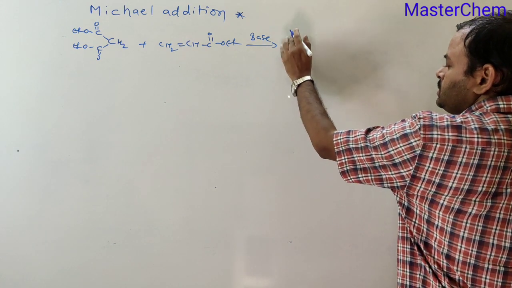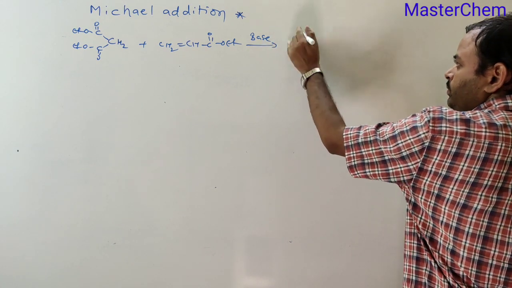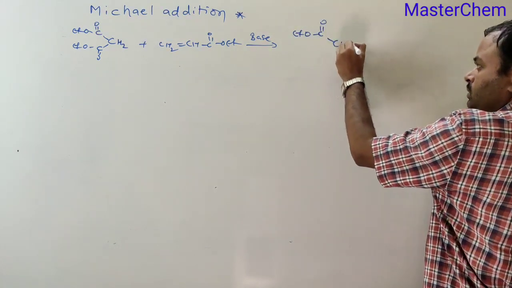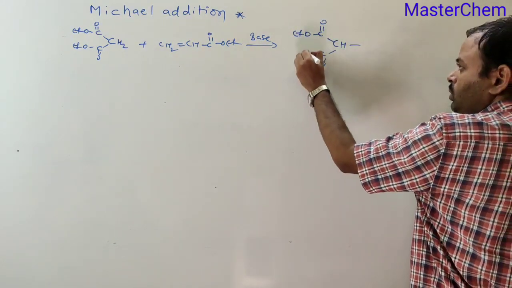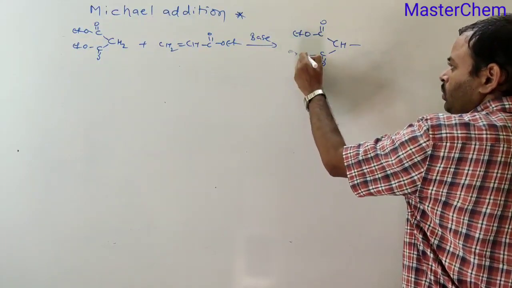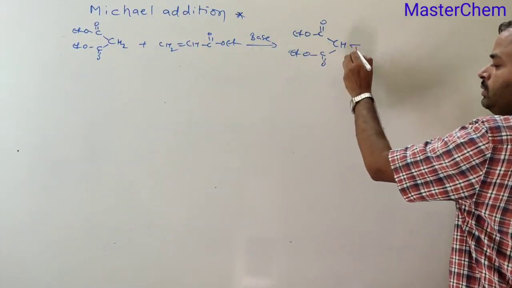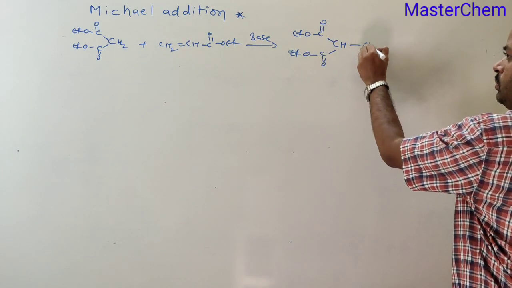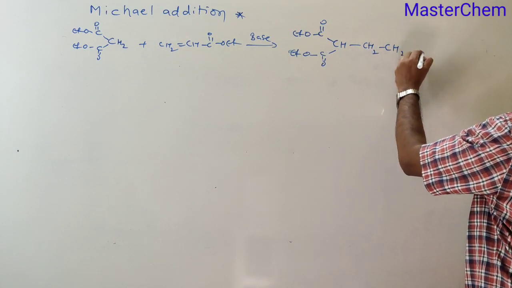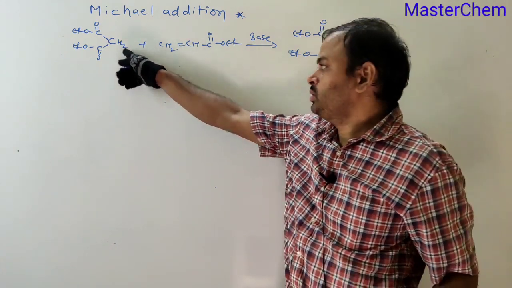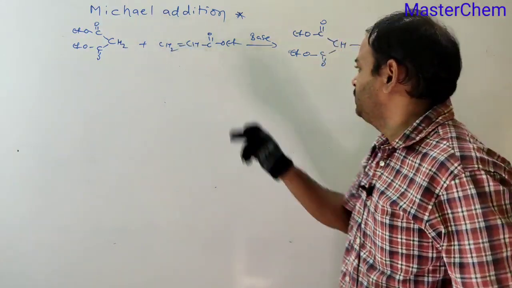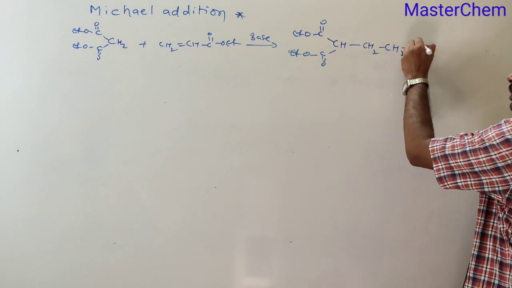So just: OEt, C double bond O, CH, C double bond O, OEt. Combine this carbon with the beta carbon, CH2, and attach this hydrogen on the alpha carbon, CH2 COOEt.